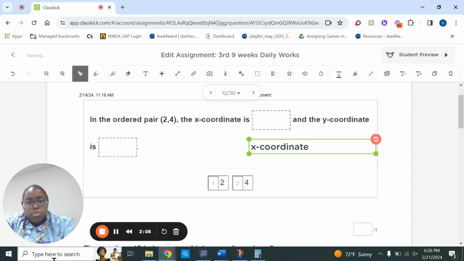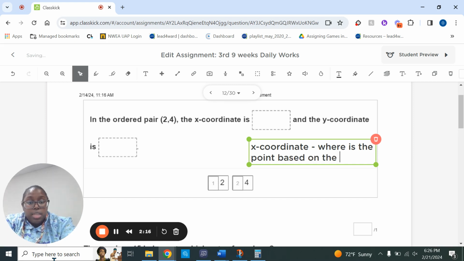The x coordinate, because we're looking for the x and the y coordinate. X coordinate just means where is the point based on the x-axis. Now, is it on the x-axis? No, just according to the x-axis, where does this dot fall on that number line?